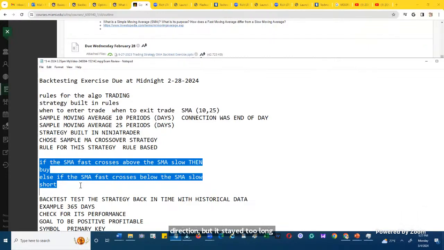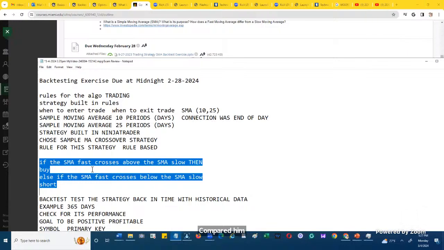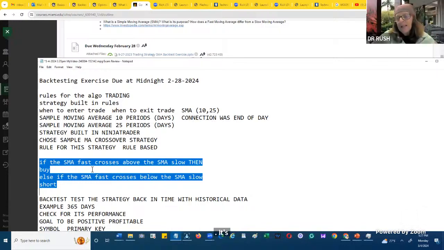So you use the SMA fast just as a way to predict where the slow is going to go? Yeah, you're using the SMA fast to look at the trend and say, hey, I want to buy. It's basically, is it trending? We're trying to do it based on past experiences.